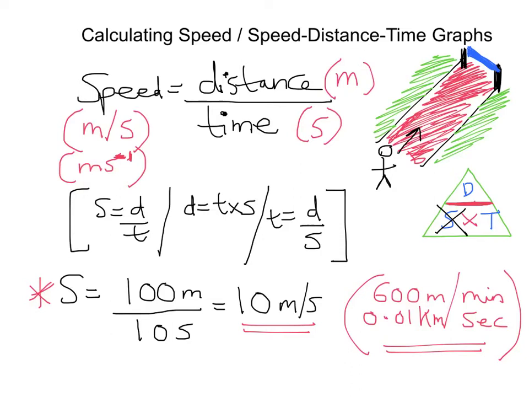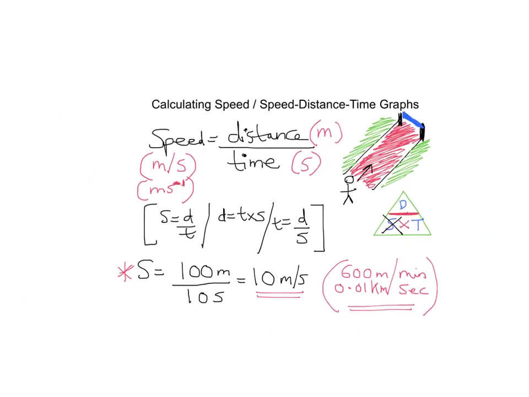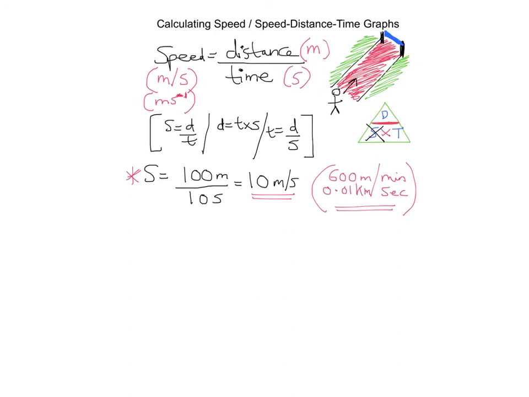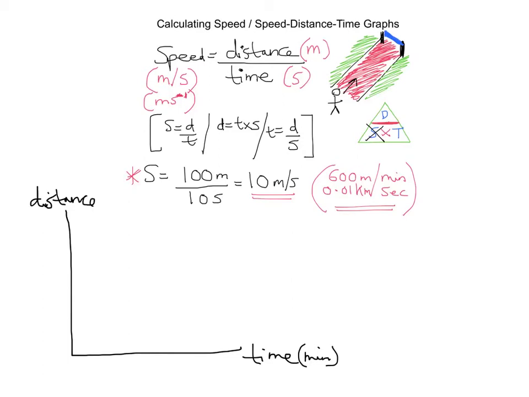Let's look at distance time graphs and how you can work out speed from those. So we'll shrink the screen down just a little bit here. I'm going to draw a very basic distance time graph. So let's say time here is in minutes. Let's say we've got a distance up the y-axis, and our distance here will be in meters.